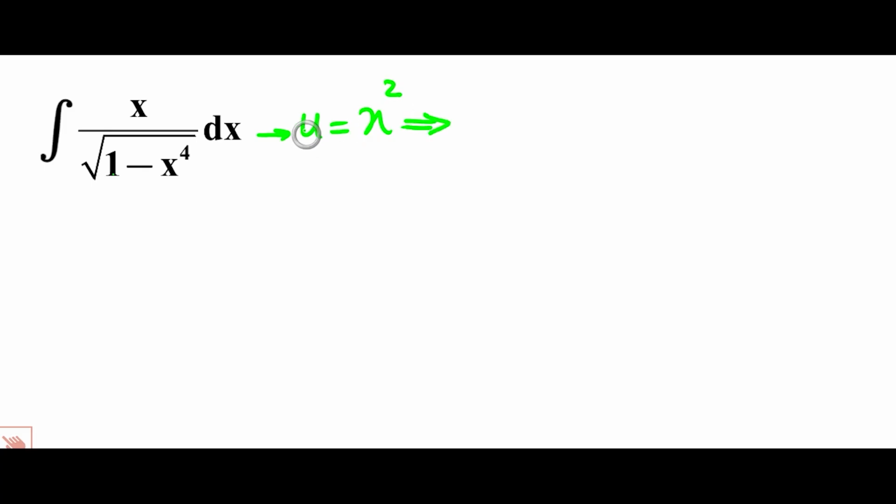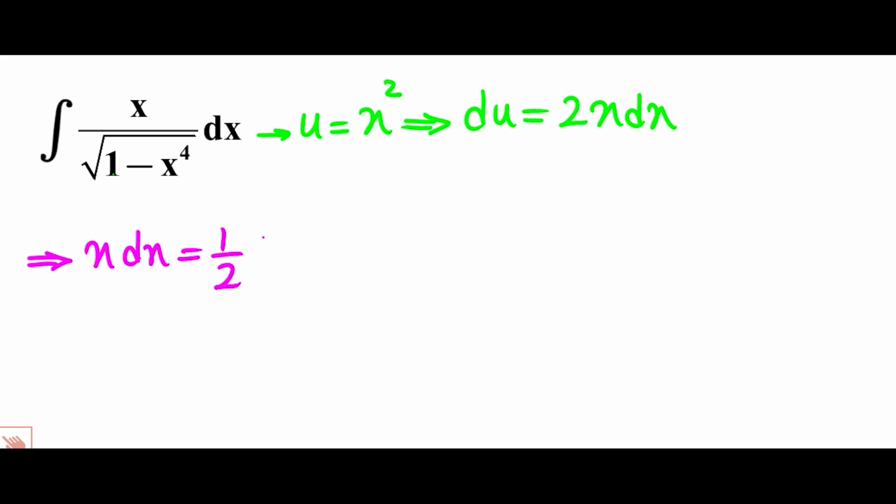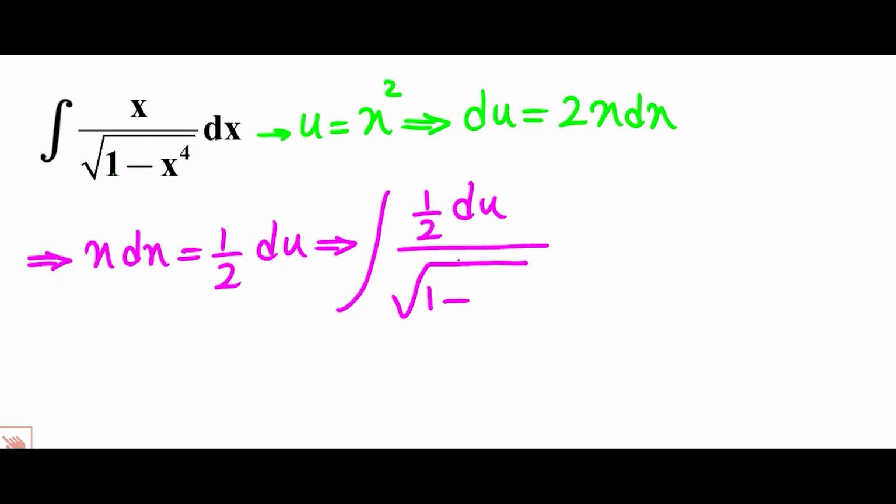So if we take the derivative of both sides, we have du equals 2x dx, which means x dx equals 1/2 du. So we have the integral of 1/2 du over the square root of 1 minus x to the power of 4.